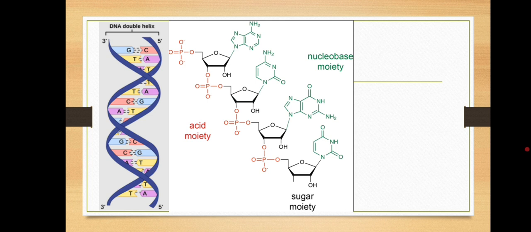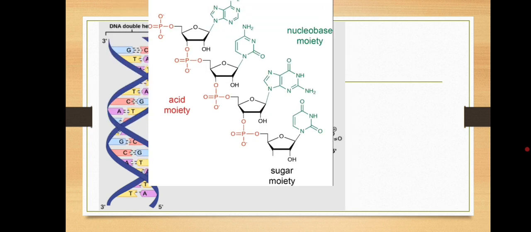Since phosphate is from phosphoric acid, this phosphate acts as an acid. That's why we call them nucleic acids, meaning originating from the nucleus and having a phosphate group.